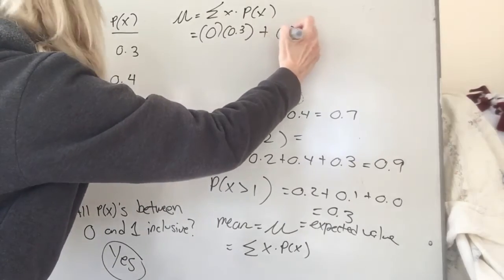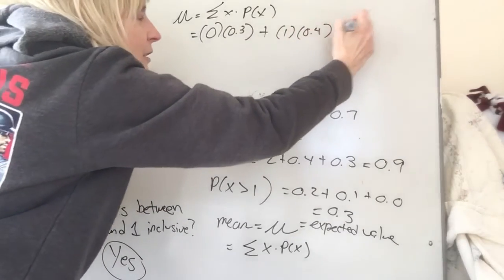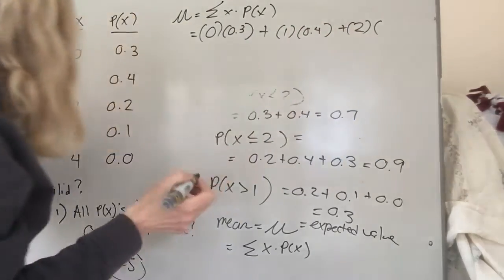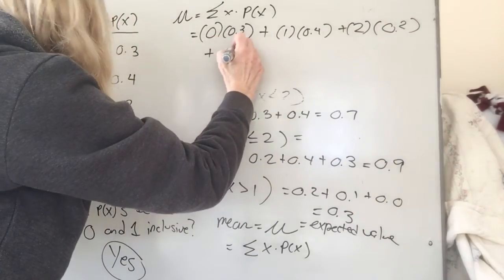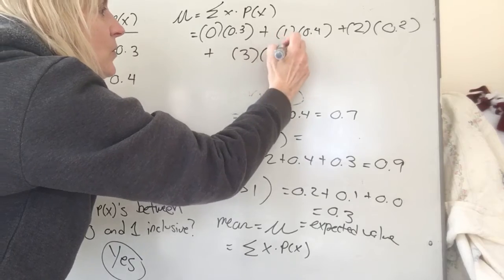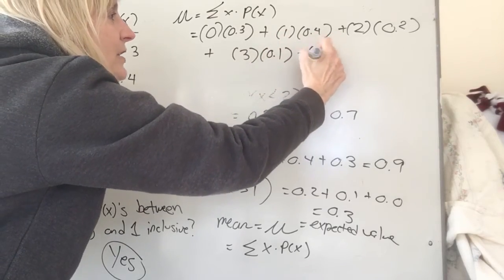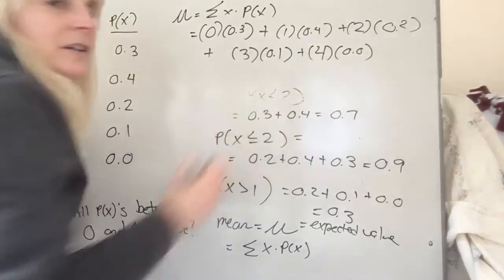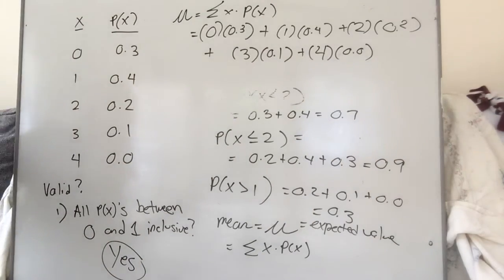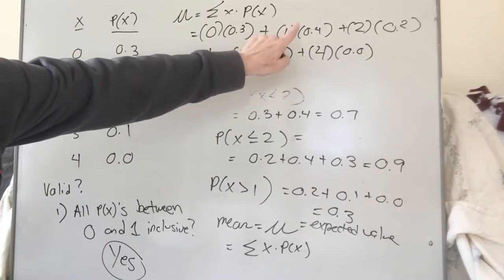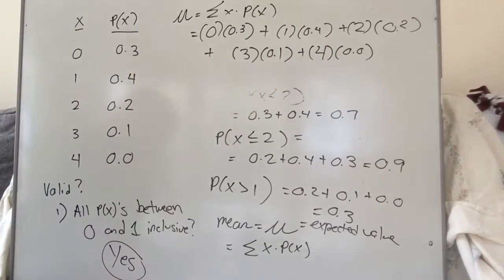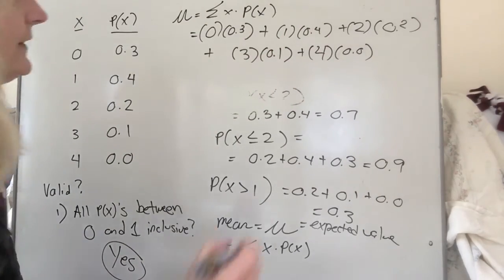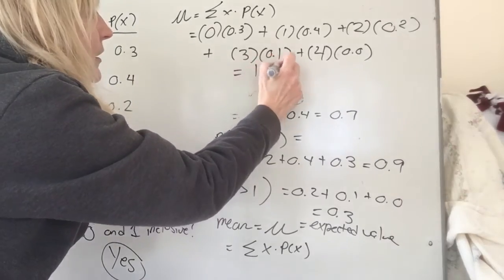So the next one will be 1 times 0.4, then 2 times 0.2, plus 3 times 0.1, plus 4 times 0.0. So you've got to take your calculator out. Well, the first is 0, so you're going 0.4 plus 0.4 plus 0.3. What does that give you? I think that gives you 1.1.